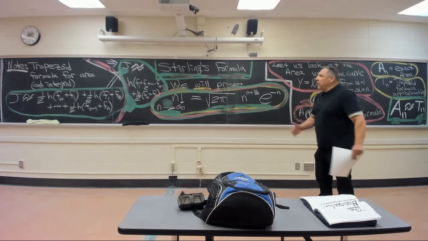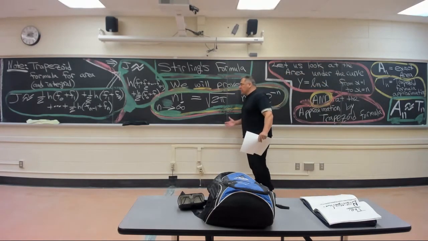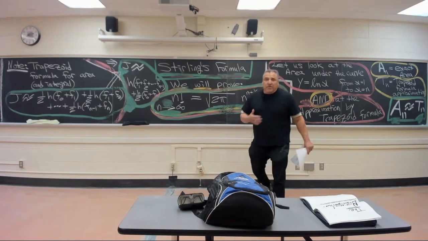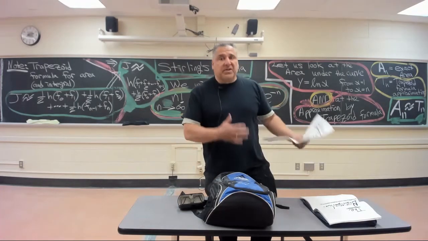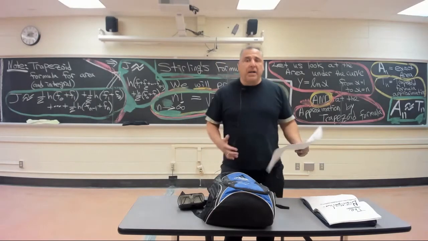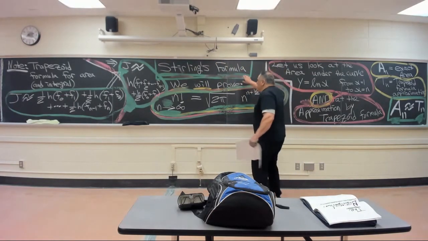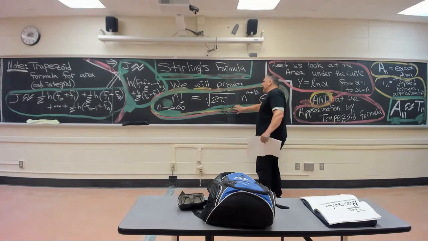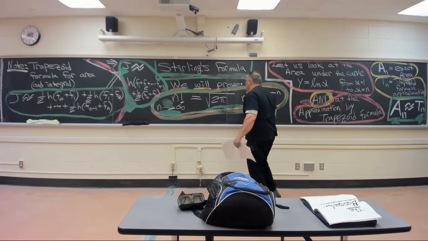With Stirling's formula, we can reach some conclusions based on things that we've already done thus far. That's the reason for doing the previous material, so we can always build upon it. Stirling's formula is essentially this, right here, and we will prove it to the best of our ability.